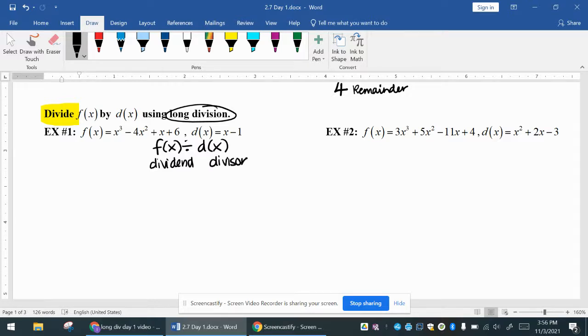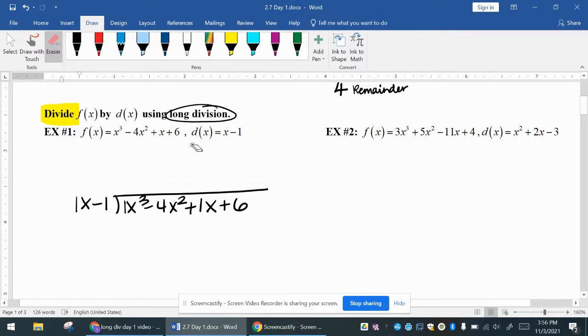So when you set this up, you're going to put the x minus 1 on the outside, and x cubed minus 4x squared, etc., etc., etc. I'm going to just put a little 1x here. You don't need it. I'm going to also fill in a 1 here. I'm going to fill in all the coefficients. I just find it helpful when I'm doing these problems.